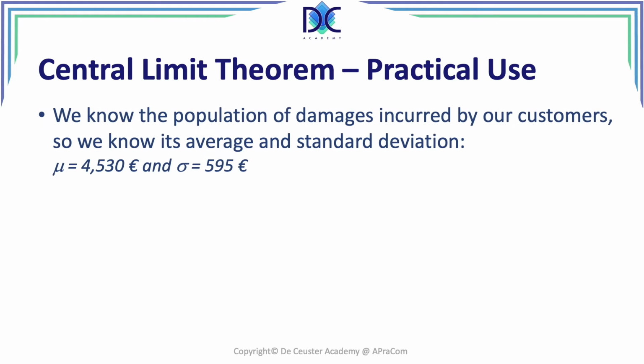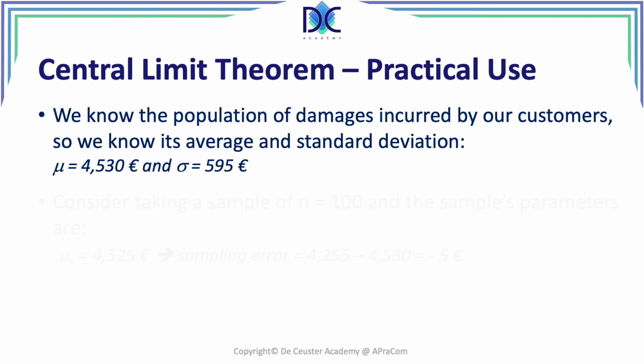Let's have a look at some practical applications. We look at the population of damages incurred by customers. We are an insurance company, and we know that the average of those damages is 4,530 euro, and the standard deviation is 595 euro.